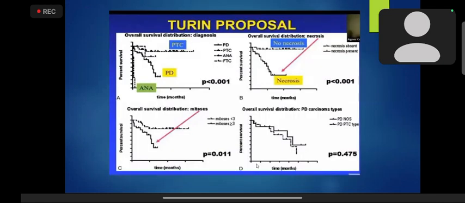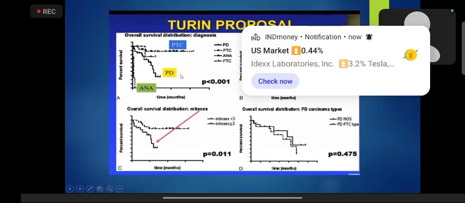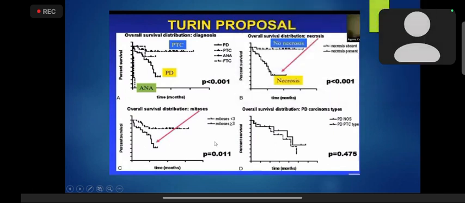Then the Turin proposal was there: PTC and poorly differentiated have lower overall survival, if necrosis is there then survival is also lower, and if mitotic count is more than 3, then also lower survival. All these criteria were taken and formed the Turin criteria.